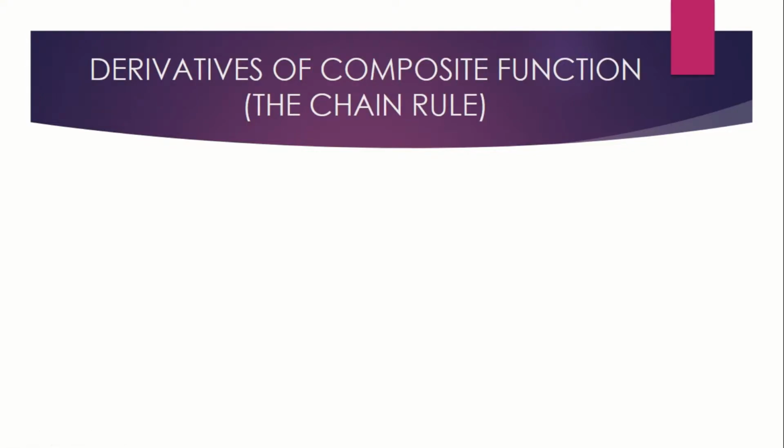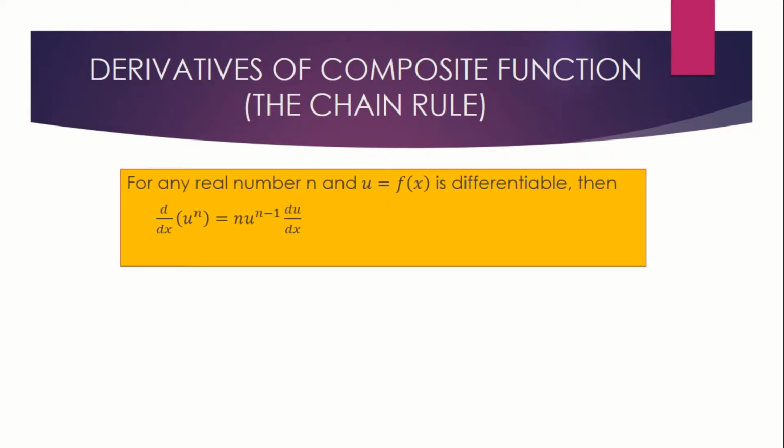Now we will discuss the derivative of composite function by using the chain rule. Let's say we have y is equal to u powers of n, whereby u is equal to f(x), a differentiable function.